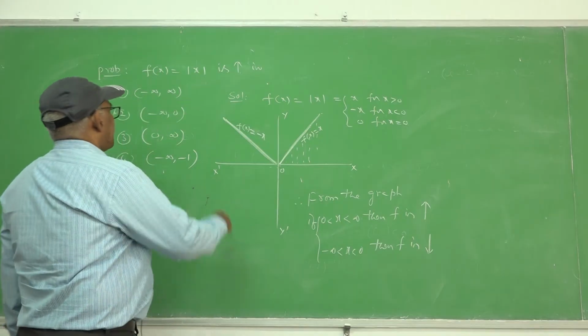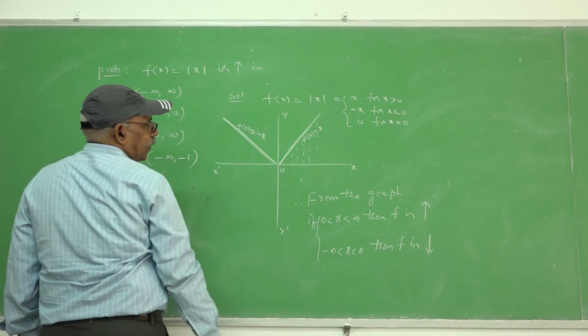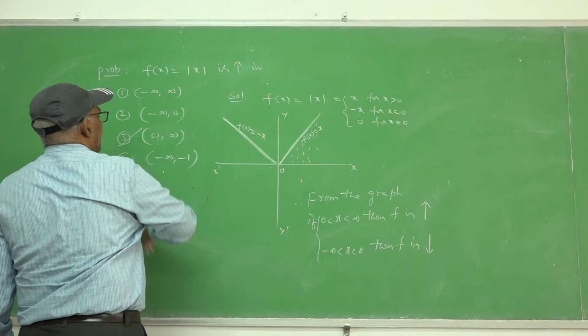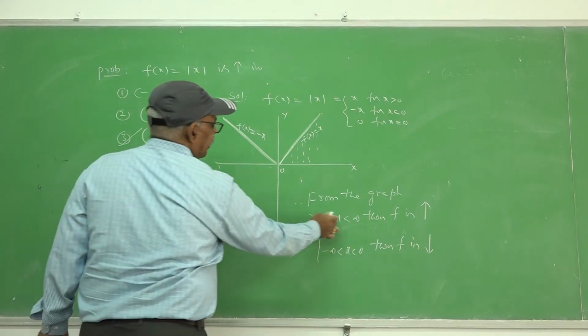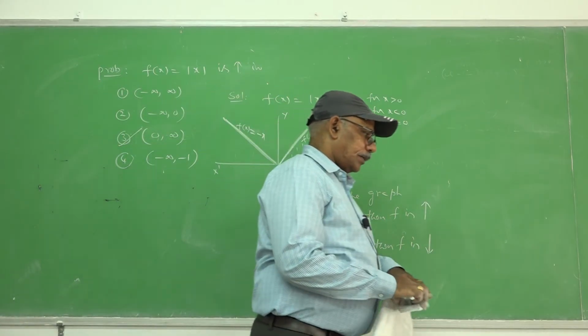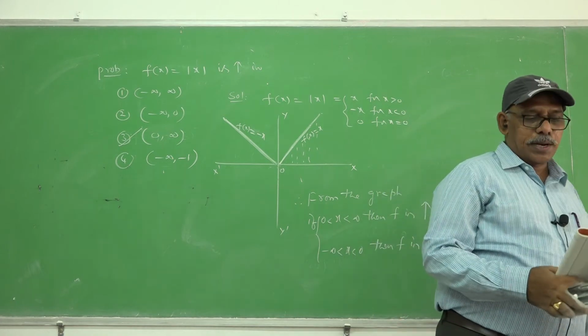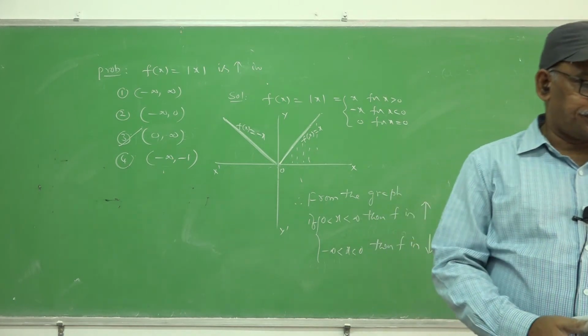So, the function is increasing whenever the values of x lie between 0 to infinity. It is decreasing in the interval minus infinity to 0.